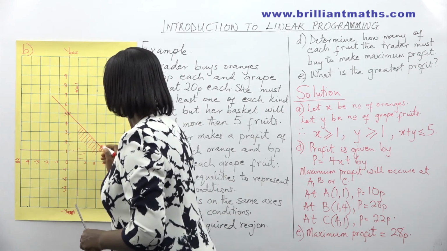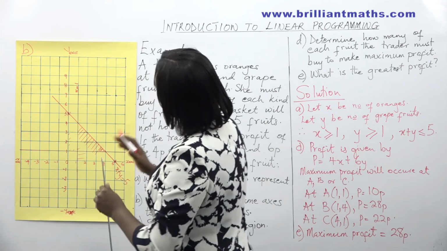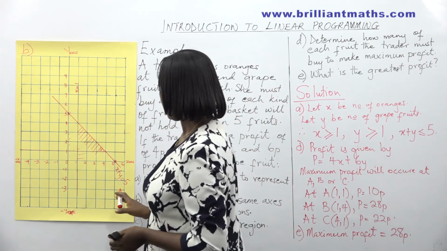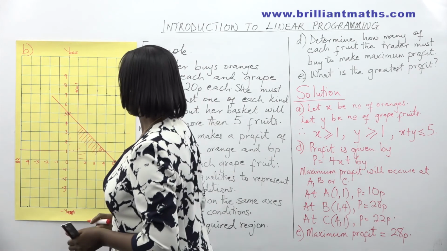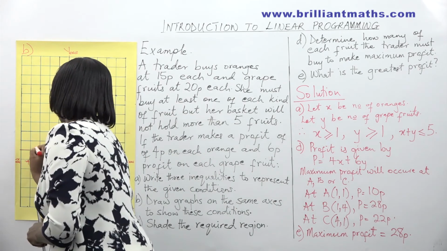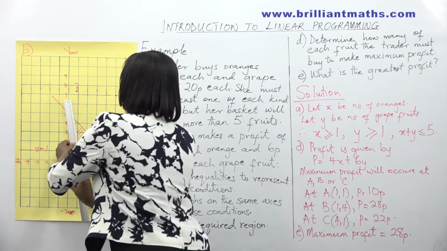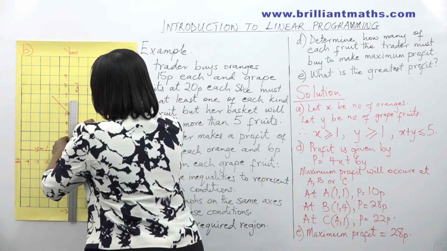So now, let's see the space that satisfies all three conditions. This is x equal to 1. This is y equal to 1. So the required region is where we're supposed to shade.